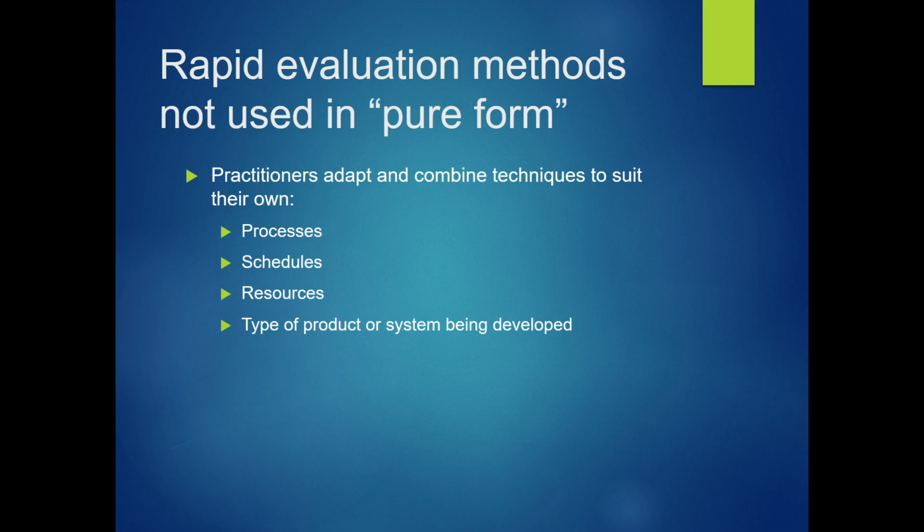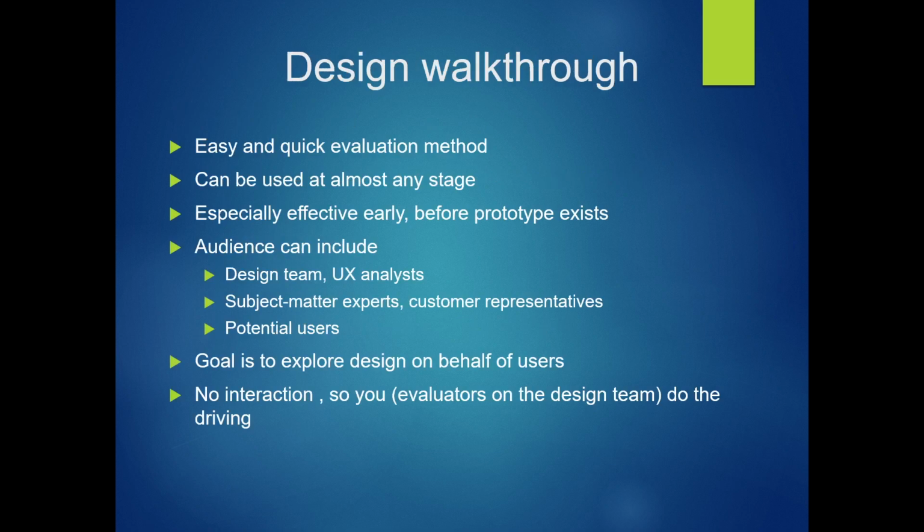Inspection is basically the primary rapid method, which we will discuss in detail. There is one more technique called the quasi-empirical method. That becomes an abridged, or shorter, version of lab-based evaluation, which is very popular and very effective. In our video today, the focus will be on UX inspection, which is a part of rapid evaluation.